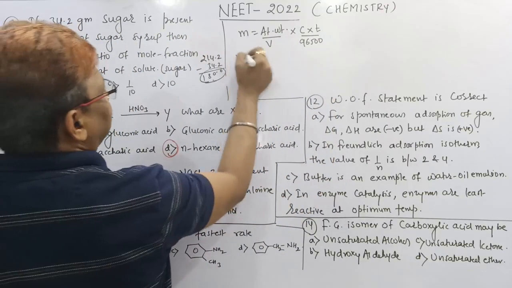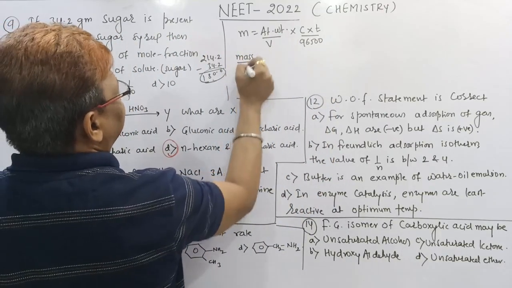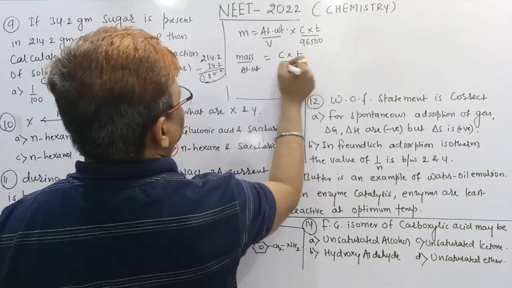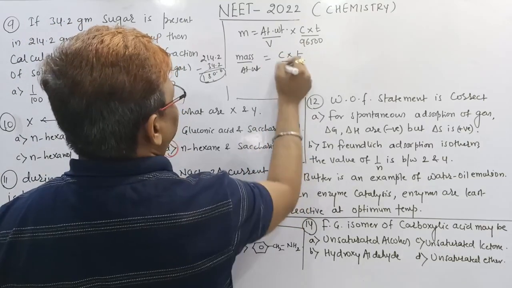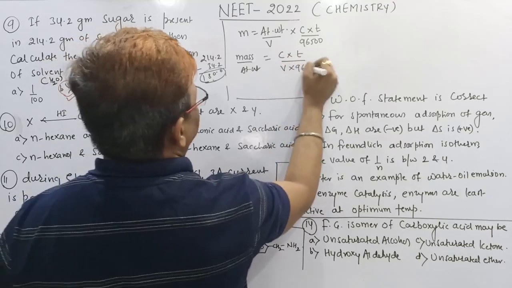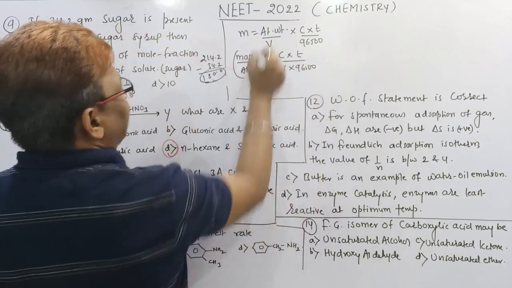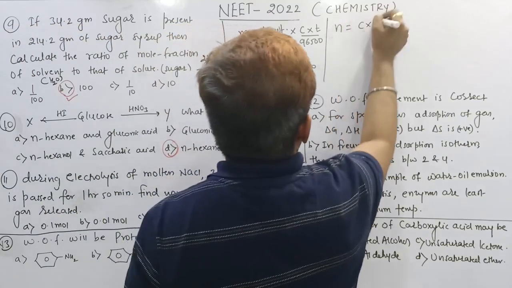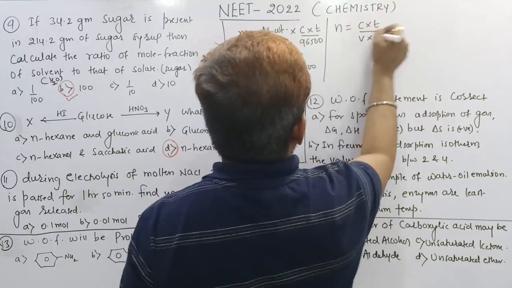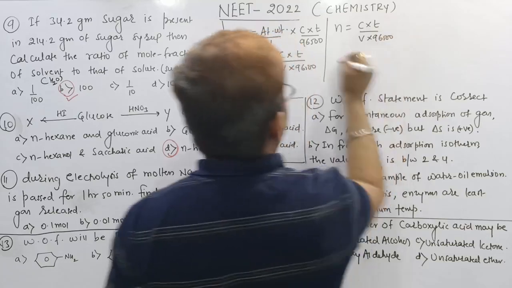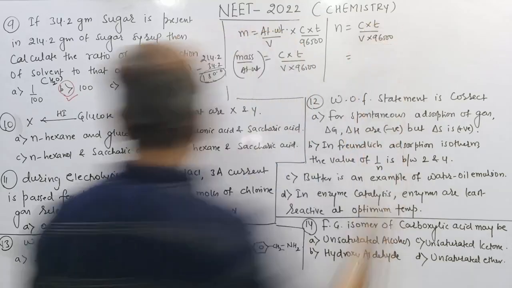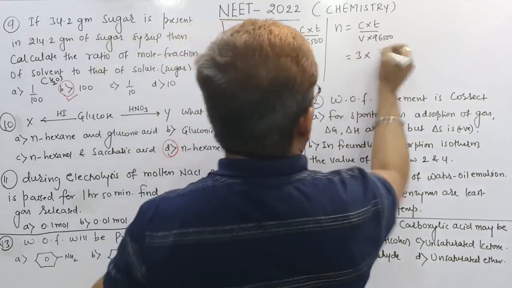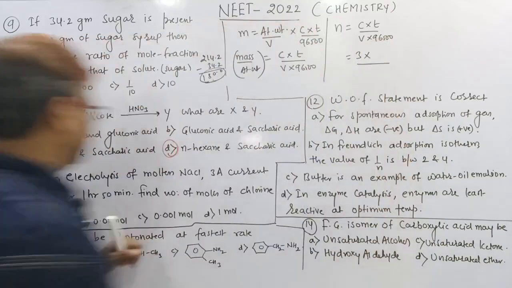But mass by atomic weight is the number of moles, which is equal to current in ampere times time in seconds, by valency into 96,500. So C is current in ampere, which is given here as 3 ampere, and T is time in seconds, V is the valency.